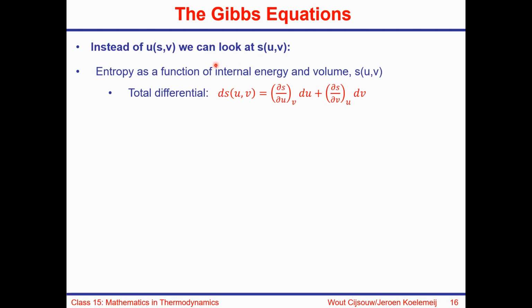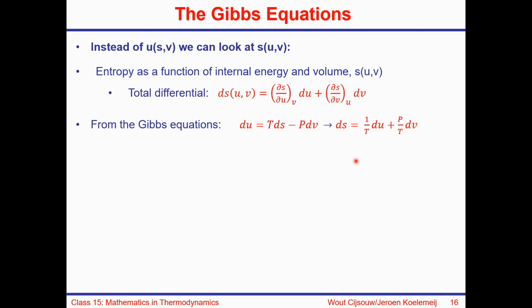So we can write entropy as a function of internal energy and volume, for which we write down the total differential as follows. And we can again invoke the Gibbs equations to make our life simpler or find solutions to problems, because we can, for example, rewrite this differential ds in the following form.